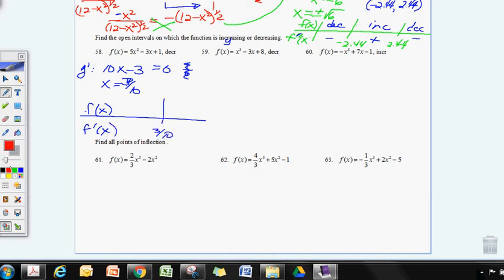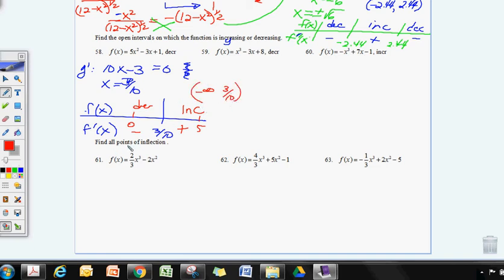So I'm going to pick a random number such as 0, plug it in, I get a negative, which is decreasing, and when I plug in 5, I'm going to get a positive, which is increasing, and they asked where is it decreasing: from negative infinity to positive 3 tenths.